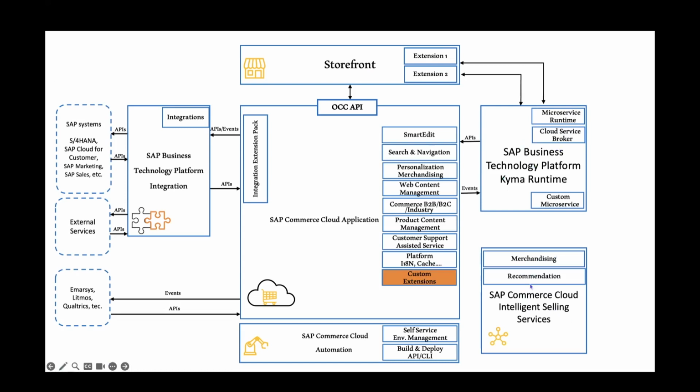Similarly, we have the option to connect with the intelligence service. The SAP intelligence service provides us real-time data and recommendations based on the user's past history of browsing, or of purchasing, or both.